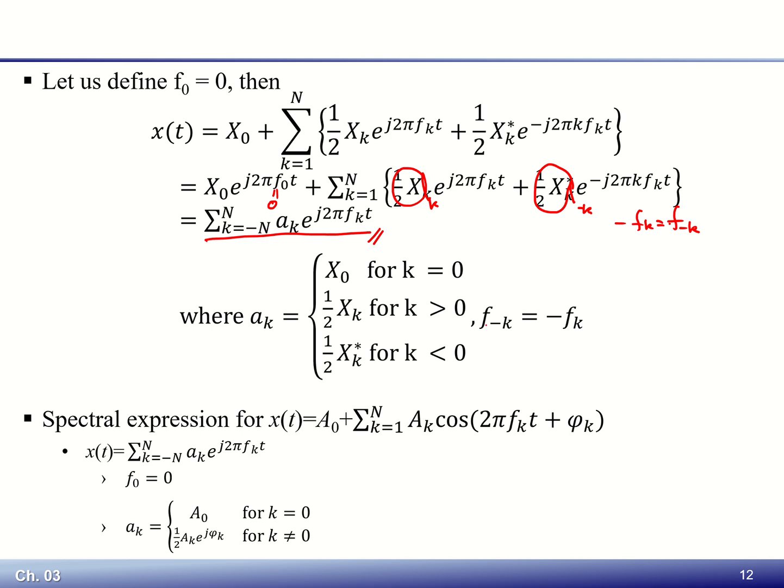So the spectral expression for x(t), which is expressed as a0 plus a summation of cosine functions, can be expressed using the complex conjugate.